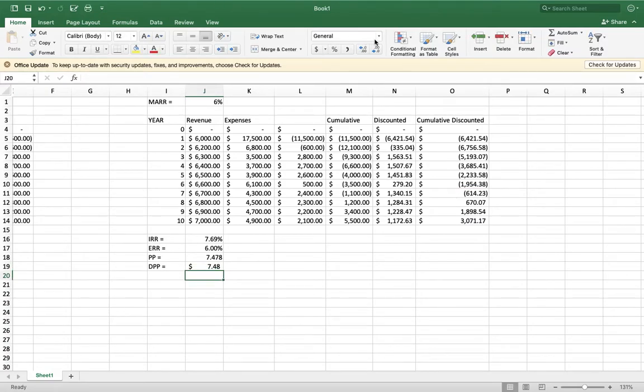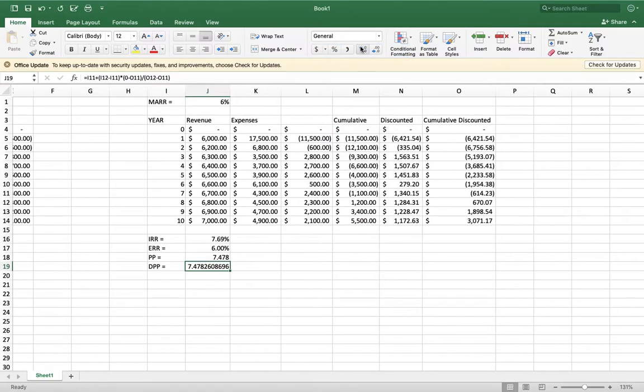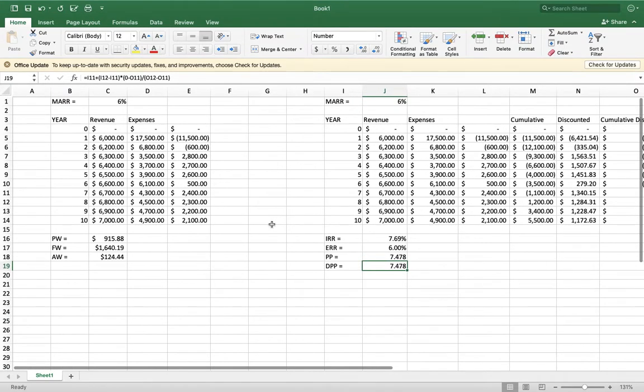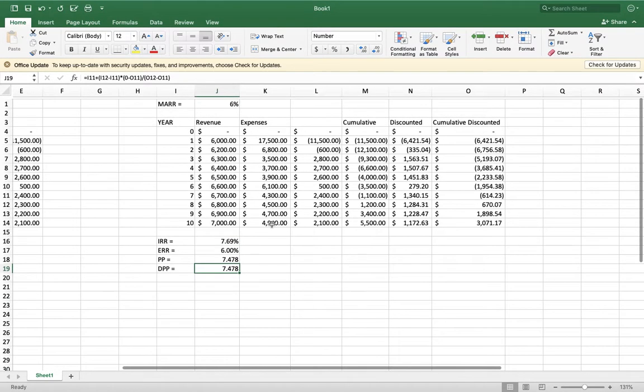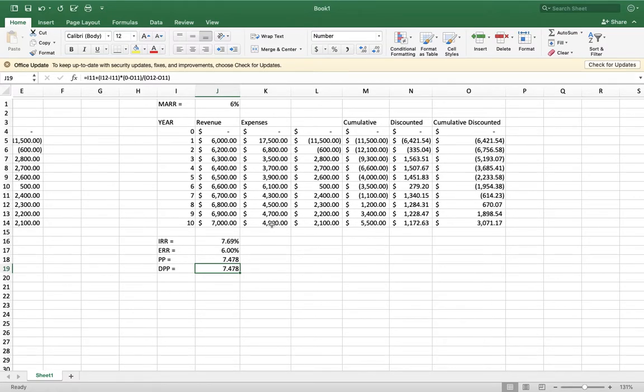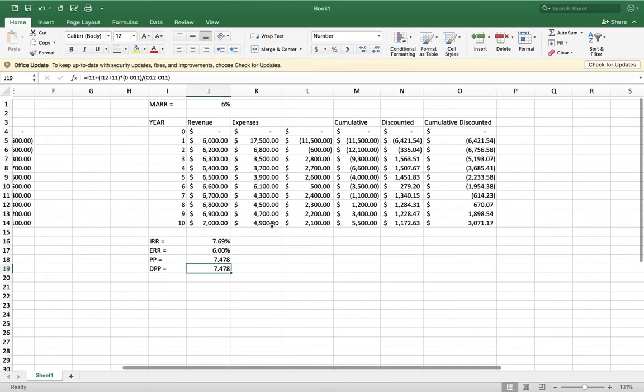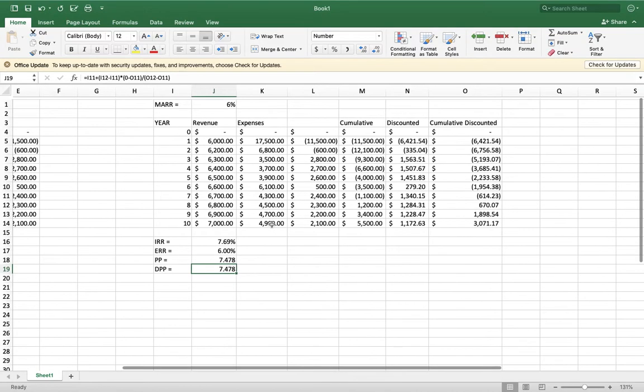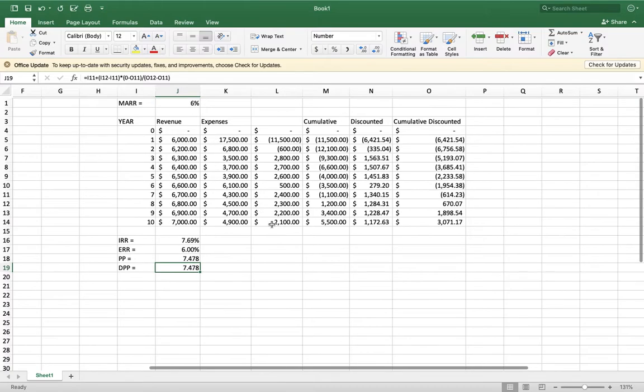And as we can see, if this one will turn to the general value, they're actually the same. And so that's what we get, and we've found the IRR, the ERR percentages, and the payback period and the discounted payback period.